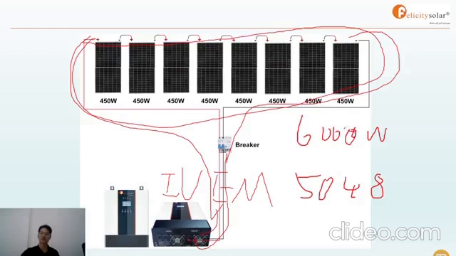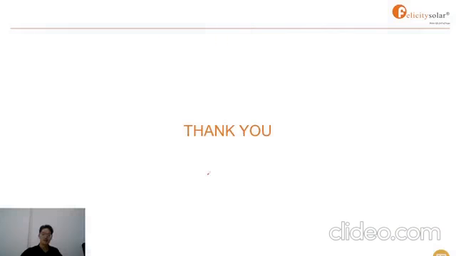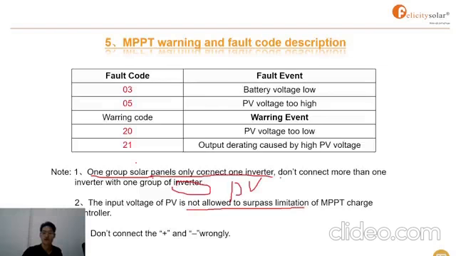So when the power generated by the panels is more than 6,000, the machine will start to show you a code like voltage is too high, because there's too much power.